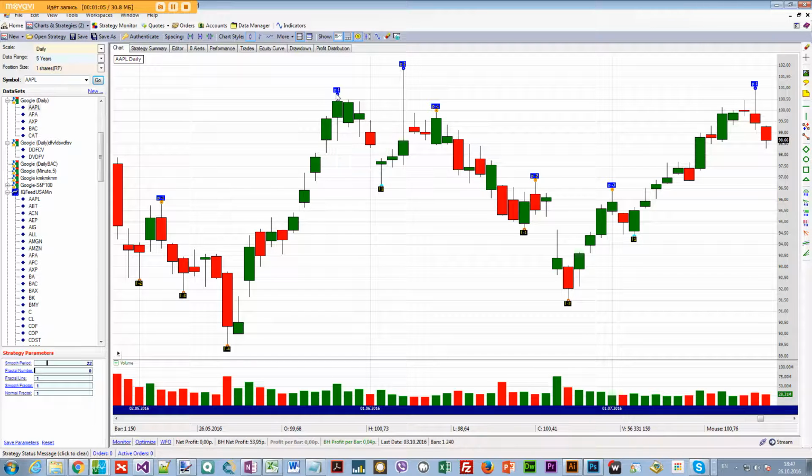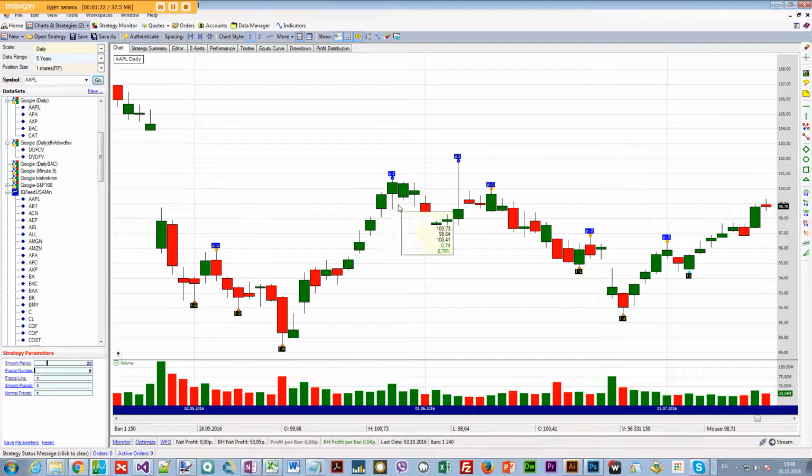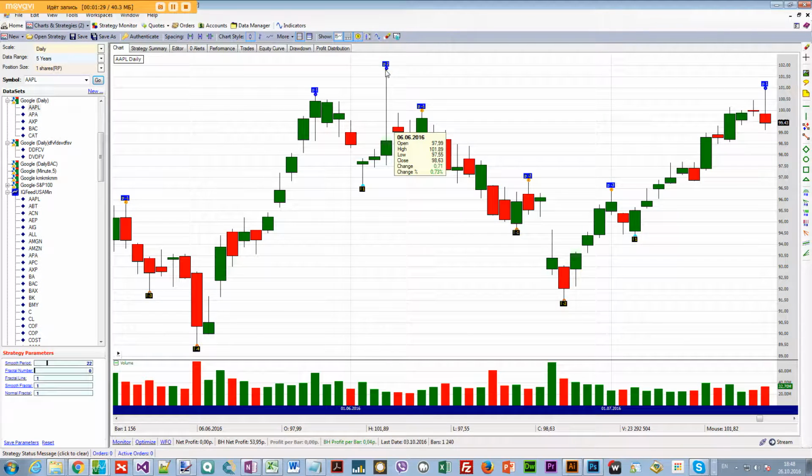So it takes the up fractals and down fractals separately, and if a fractal is higher than the previous fractal, then it's going to give it a 1 index, if the previous one was -1. So it goes 1, 2, and then if the next up fractal is lower in price than the fractal before, it's going to give it a negative number.